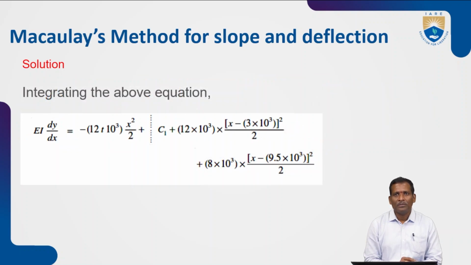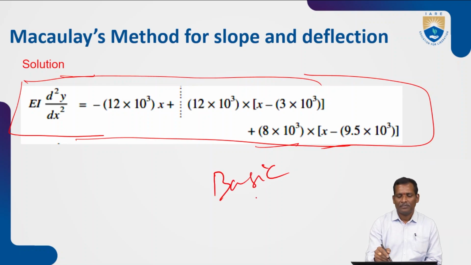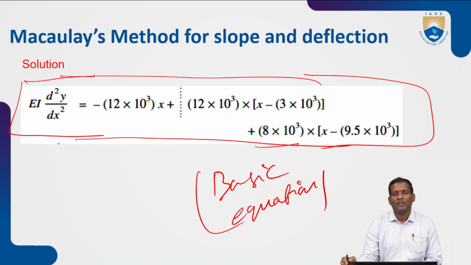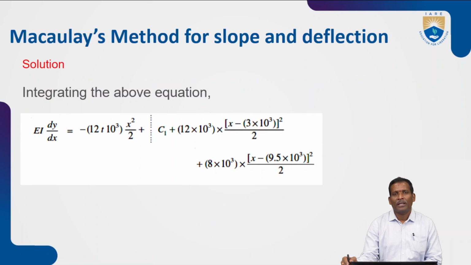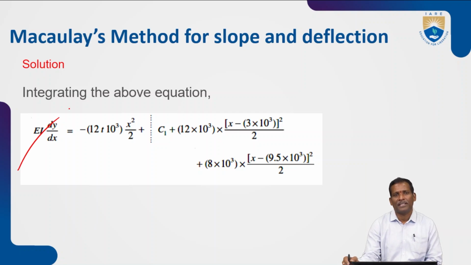Now integrate the above equation. This is the basic equation. Whenever you integrate it, d square y by dx square changes into EI into dy by dx.